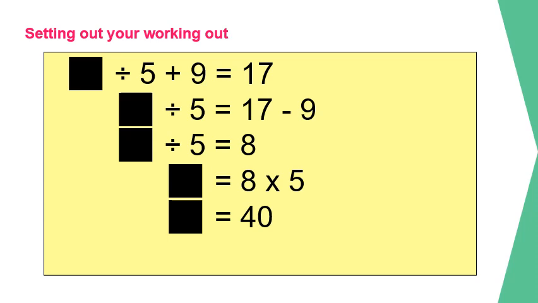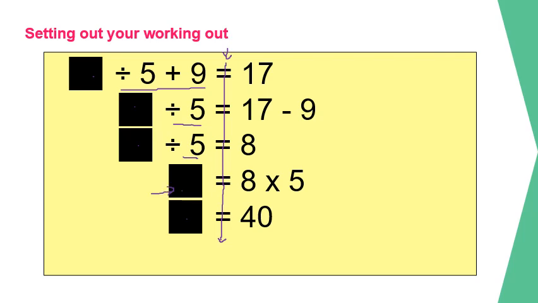And just to show you what that looks like with the working out, here we've got the working out, the equal sign all the way down. They're all in line with one another. And I've always kept this black square on this left-hand side. So I've basically been getting rid of this stuff using inverse operations to isolate the black square, so it's by itself.